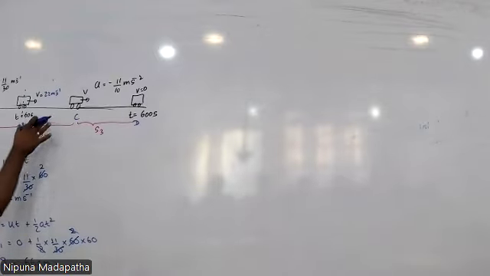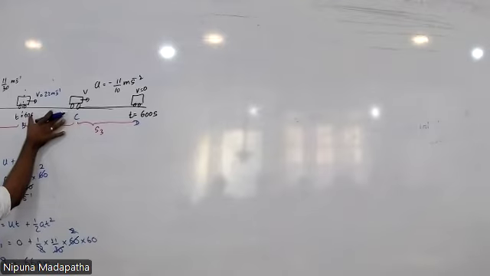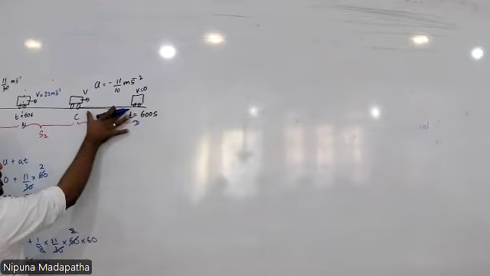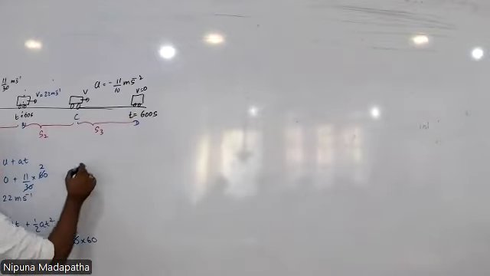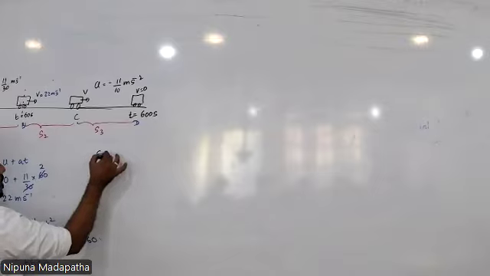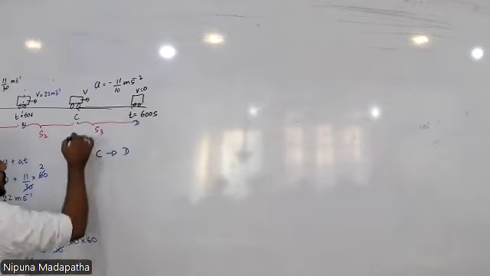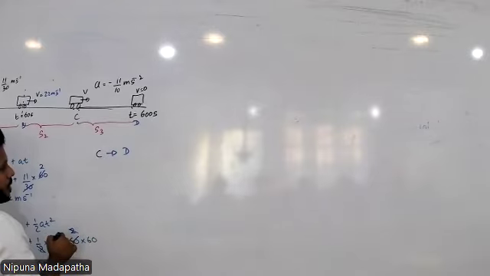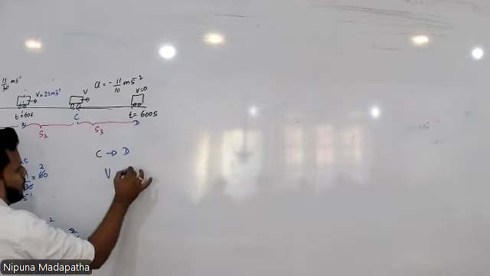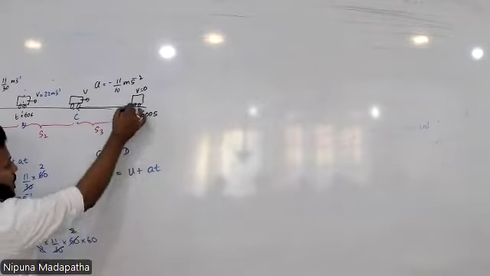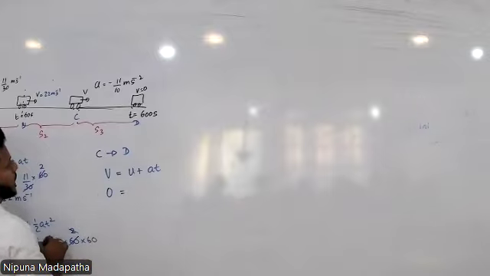So in order to find the time related to this period, you can easily find the time that the body decelerates, from C to D. You can find the deceleration time by using V equals U plus at. Final velocity is 0.